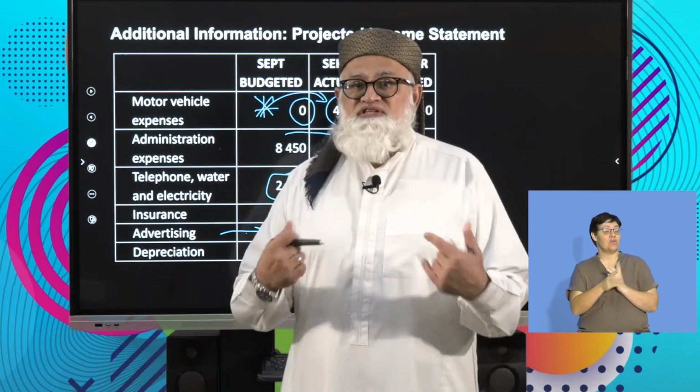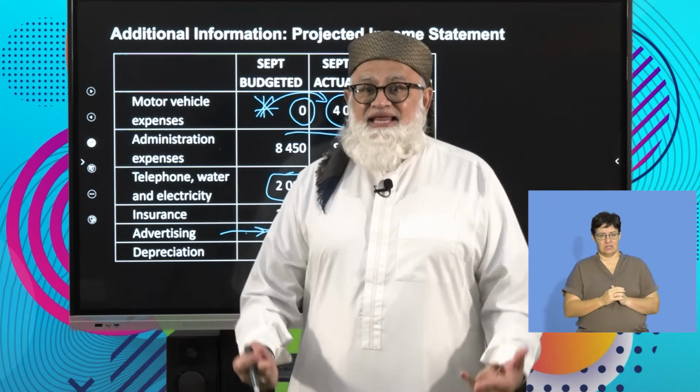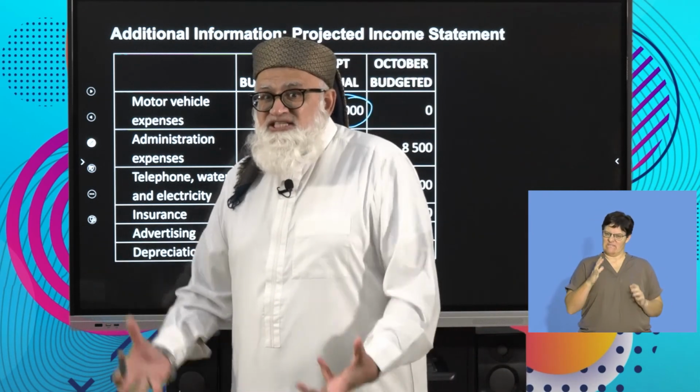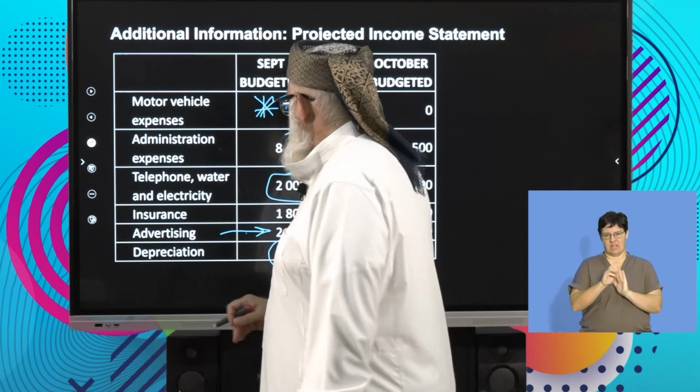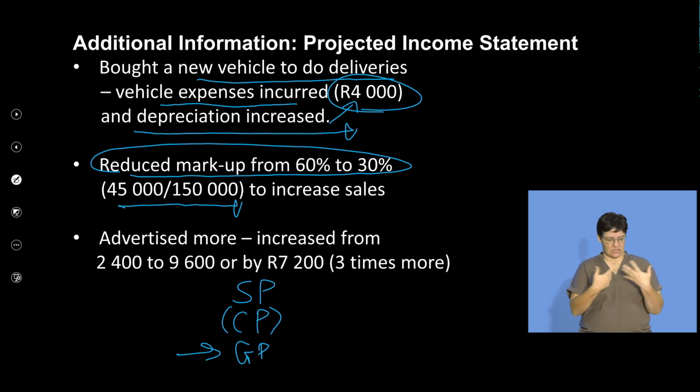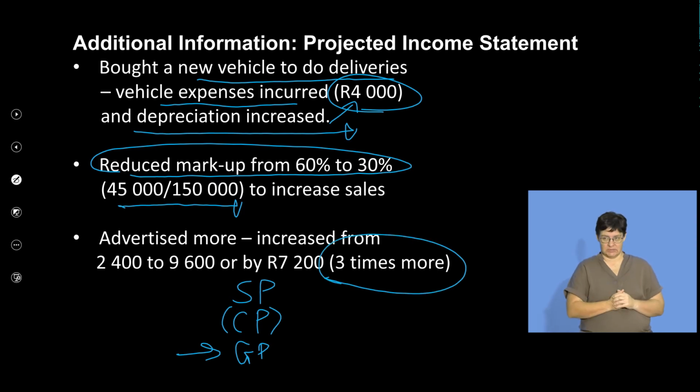Again, your advertising costs have increased, and as a result you now have a bigger expense for advertising. In fact, your advertising increased 3 times more than what you budgeted for.